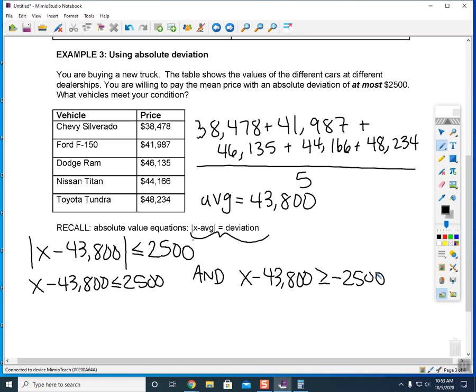Okay, so now I just solve. The opposite of subtraction is addition, so I'm going to add 43,800 to both sides. I get x is less than or equal to 43,800 plus 2,000, 45,800, plus another 500, 46,300.